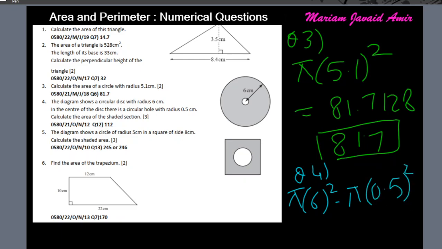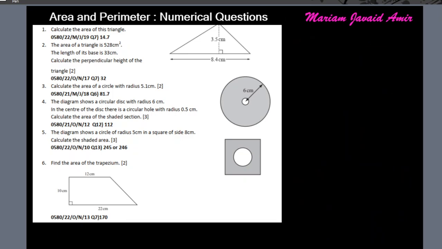Simply enter this whole expression together in your calculator. This gives me 112.3119, and we have to round off the final answer to 3 significant figures, so that's 112.